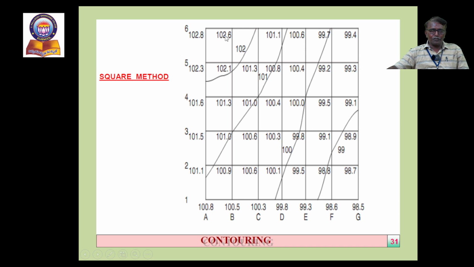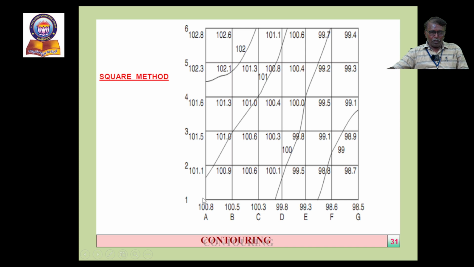After calculations, you can find out that the values are like this one, 102.8, 101.1, 100.6, 99, etc. So all the spot levels are marked over the map, and then by interpolation, the distance between the 2 points is, let us say, 10 meters. So here, the reduced level of the point A2 is 101.1, and here it is 100.8.